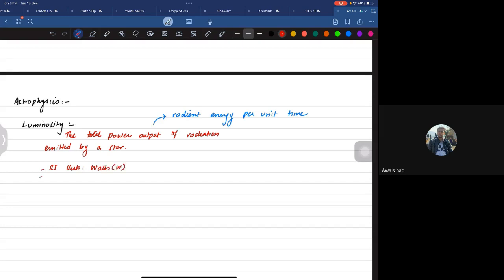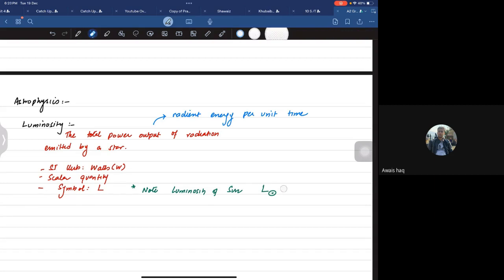It's also understandable that because it is power, it is a scalar quantity, and the symbol that we use for luminosity is capital L. Now remember, sometimes they use this symbol. Note, the luminosity of the Sun is written as L with a circle and a dot, which means Sun, equal to 3.83 times 10 raised to power 26 watts.